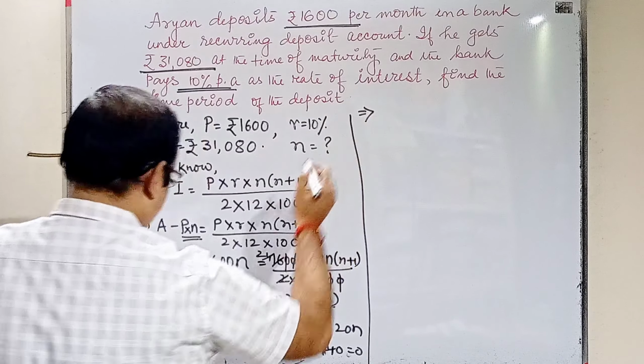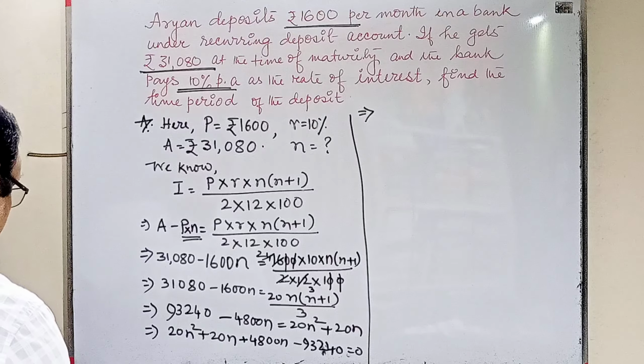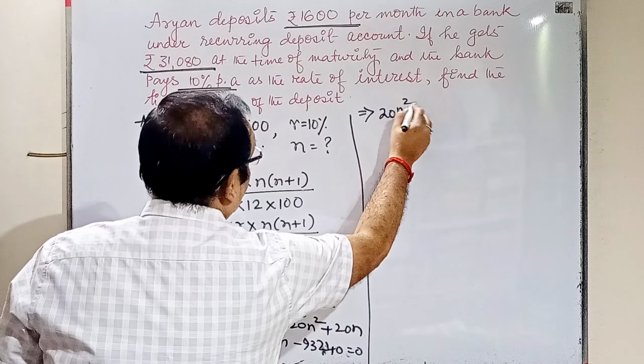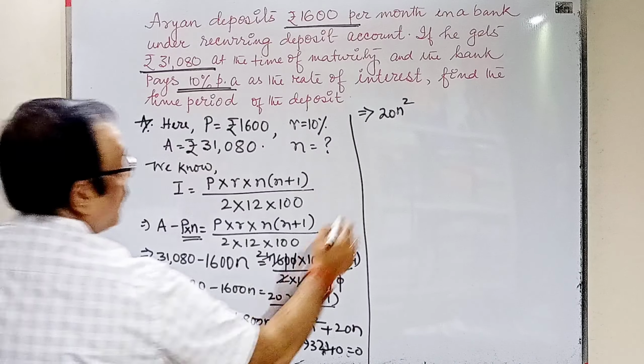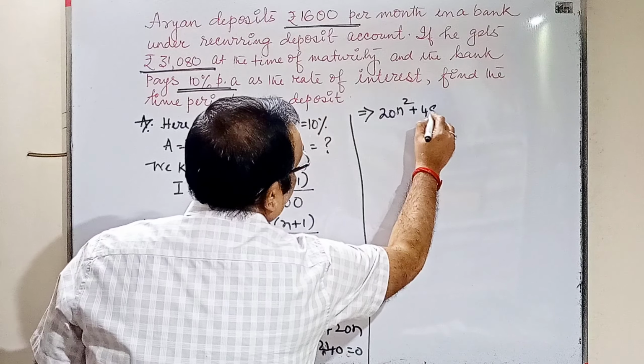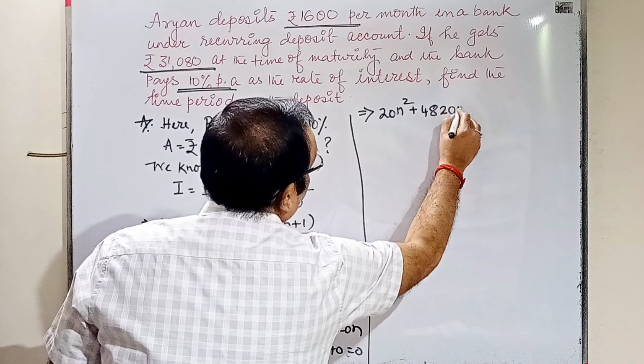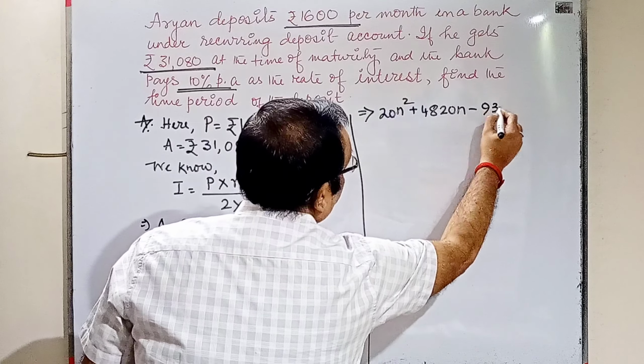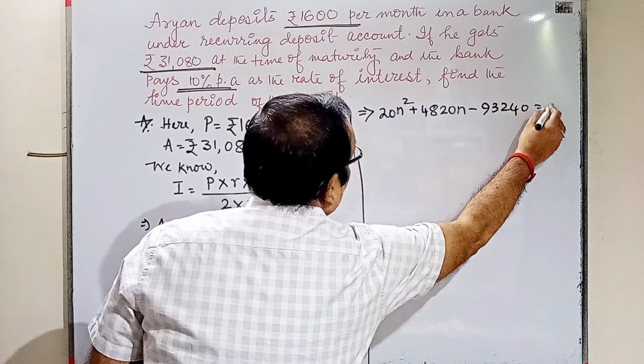So this is resulting as 20 n square, this plus this, 4820n minus 93,240 equal to 0.